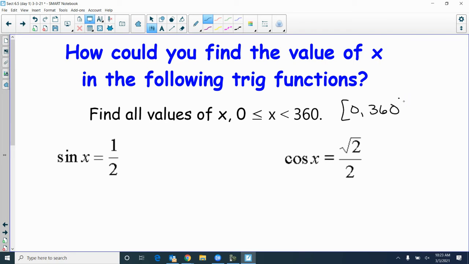Typically it's 0 including 0 but not including 360. Those are coterminal angles. You never would want to put an answer of 0 and then another answer of 360. That's really naming the same angle. So when you see that, typically 0 is the one we use, not 360.